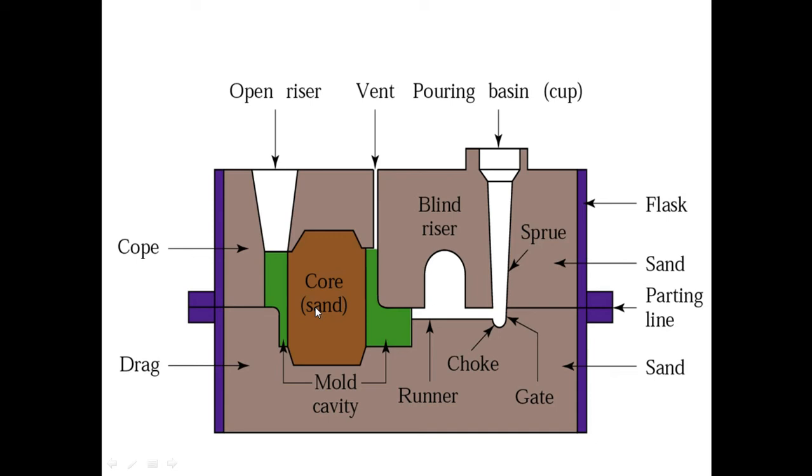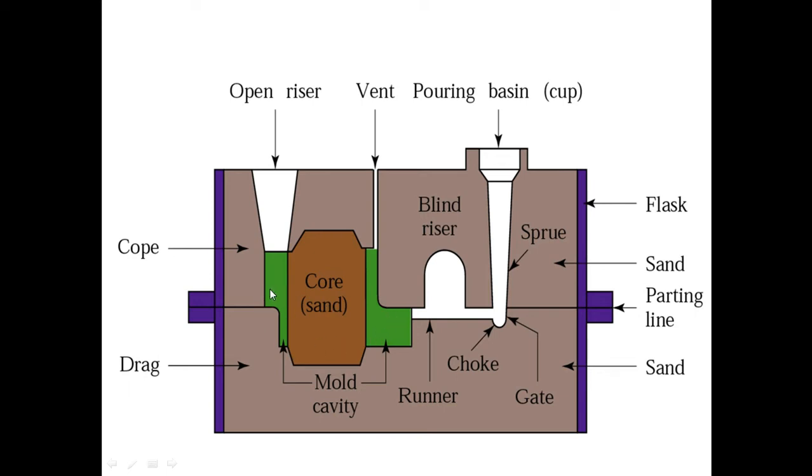what is the purpose of the core sand? For example, I need a hollow portion, so I should place something in between. For example, the green cylindrical shape is what I need to get. So I place something in between, and cylindrically this entire cavity is formed.